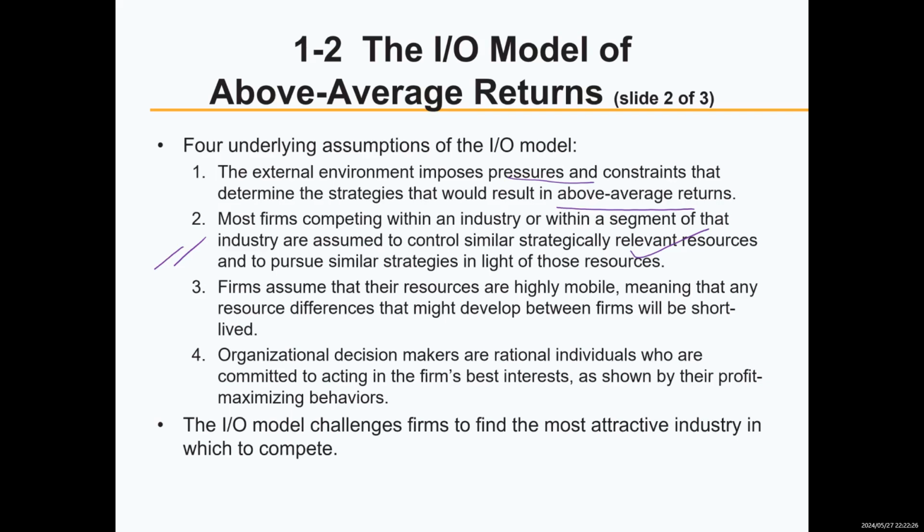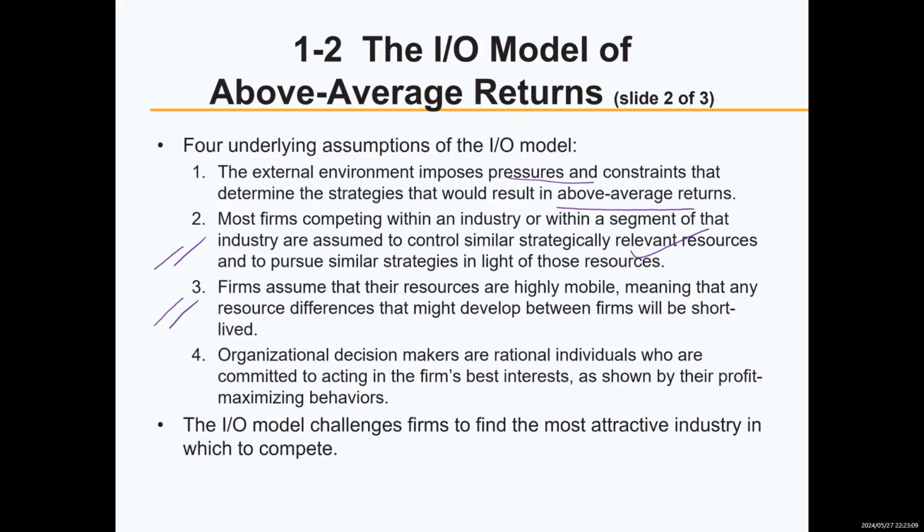So there are few significant differences among firms in an industry. Third, firms assume that their resources are highly mobile, meaning that any resource differences that might develop between firms will be short-lived. Any different resources soon disappear as they are observed, acquired, or learned by other organizations in the industry.